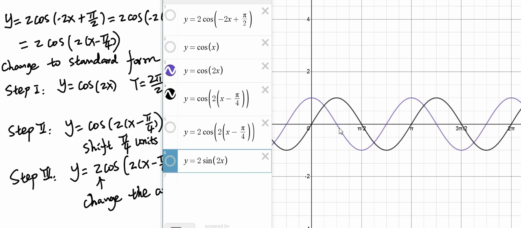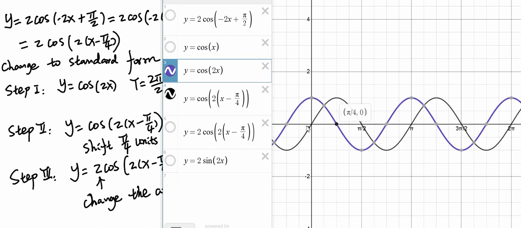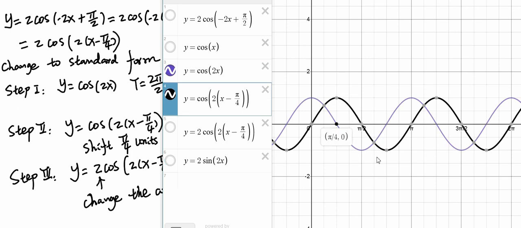Okay, so here is pi over 4. Originally it was here. And here, this point goes to here. And then this point is shifted to this place.